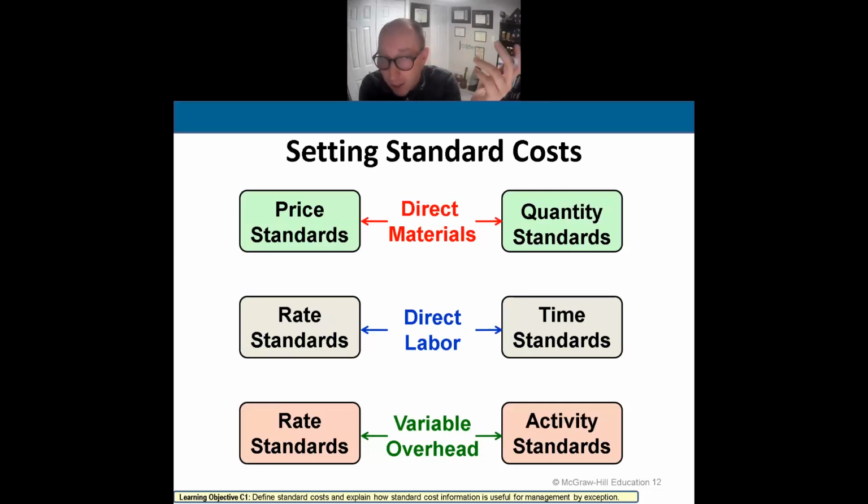This is what I normally pay, $20 per pound of wood. I normally buy 3,000 pounds. That's my standard direct materials cost. Direct labor is the standard rate times the standard time.